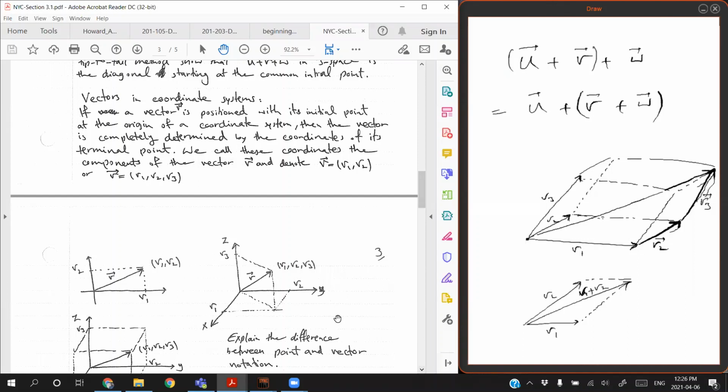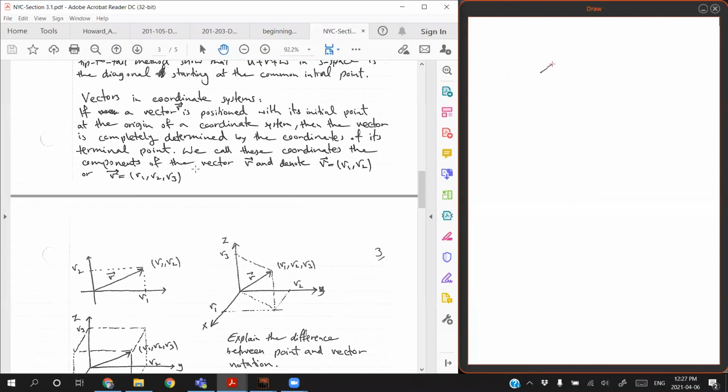So vectors in coordinate systems. If a vector is positioned with the initial point at the origin, which is the point 0, 0 for two-dimensional space, or 0, 0, 0 for three-dimensional space, then the vector is completely determined by the coordinates of the terminal point. So imagine you have this vector here, but let me just change the vector.